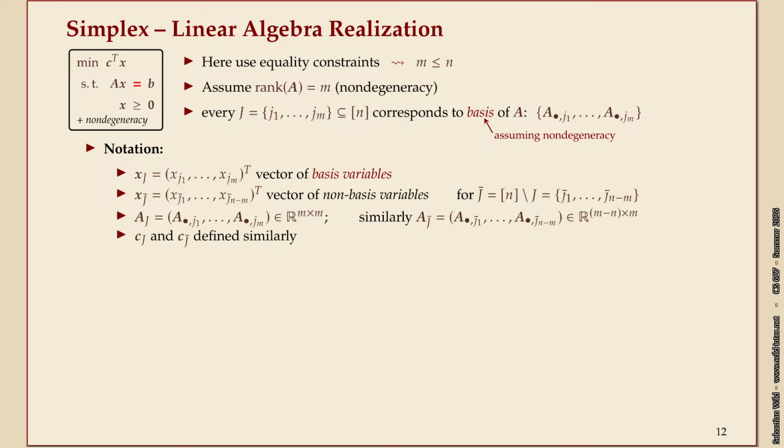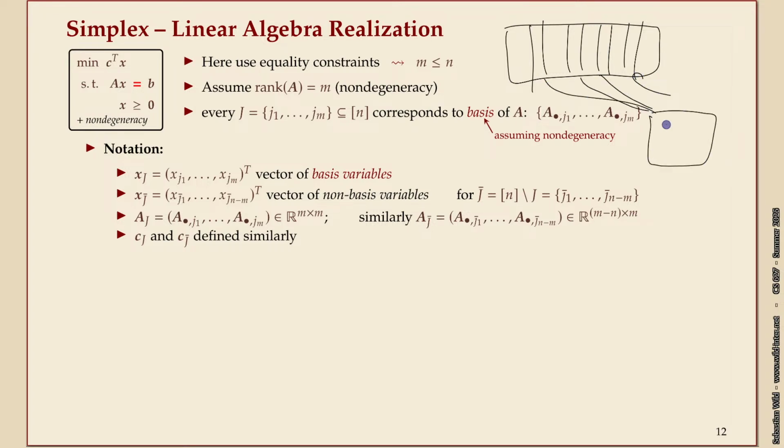You can rewrite some of the things, splitting up the two parts, to make progress. You can split up the constraints. So again, you take the matrix and now you take those four. That gives your matrix AJ. It's a square matrix now. And all the other columns together form this matrix AJ bar.